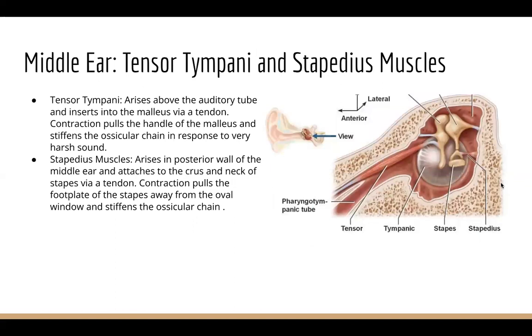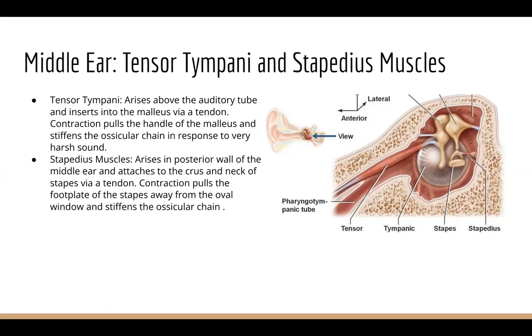And now, the tensor tympani and stapedius muscles. The tensor tympani arises above the auditory tube and inserts into the malleus via a tendon. Thus, the contraction pulls the handle of the malleus and stiffens the ossicular chain in response to very harsh sound. Whereas the stapedius muscle arises in the posterior wall of the middle ear and attaches to the crest and the neck of the stapes via a tendon.